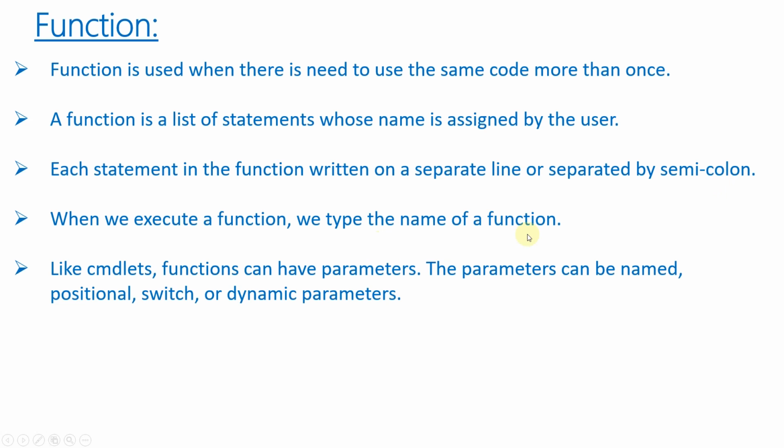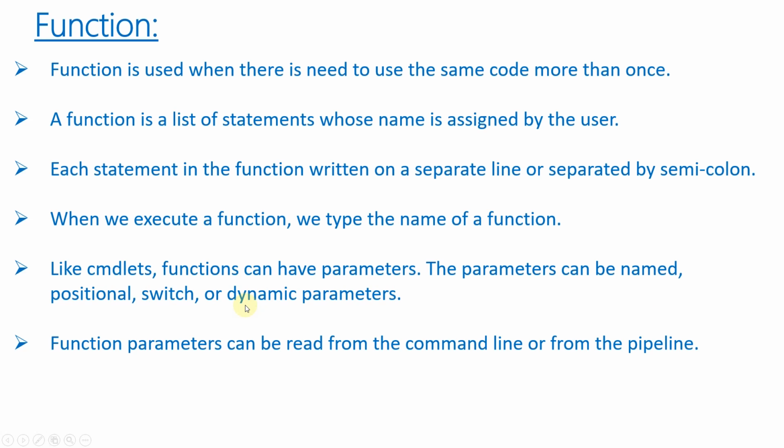In PowerShell, just as cmdlets have parameters, in the same way functions can also have parameters, and parameters can be either named or positional or switch, or they can be dynamic parameters as well. There are two ways to pass parameters to a function.